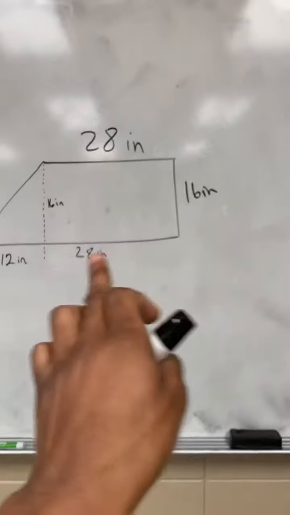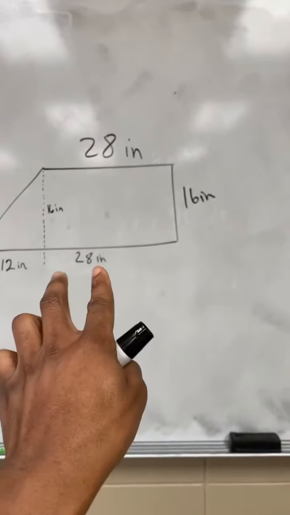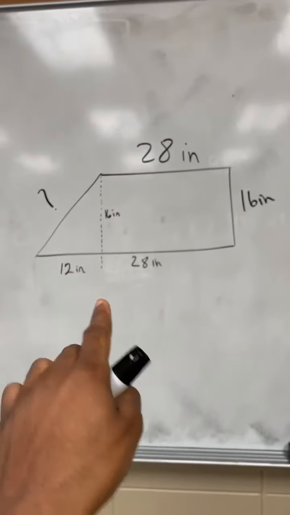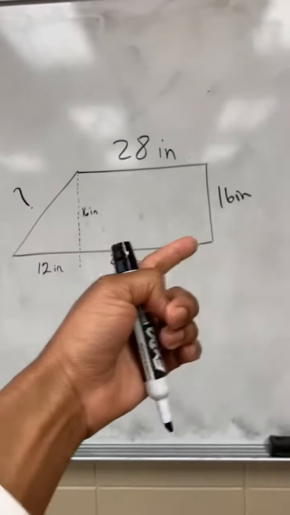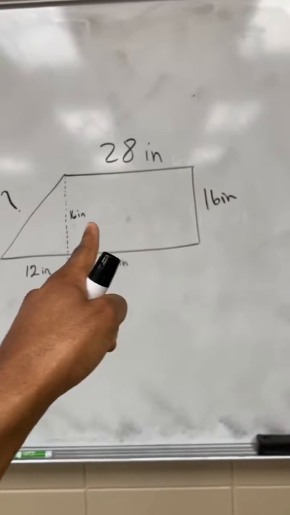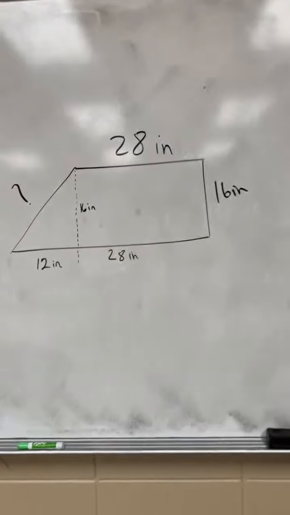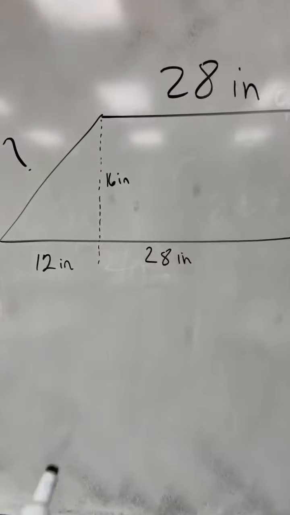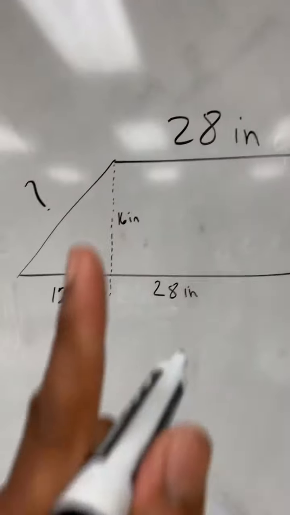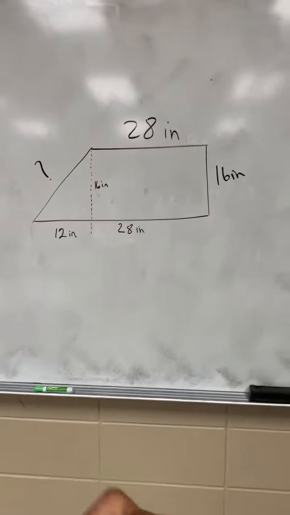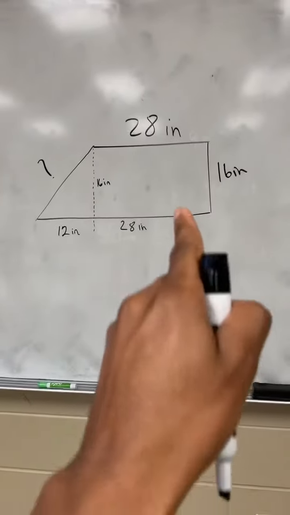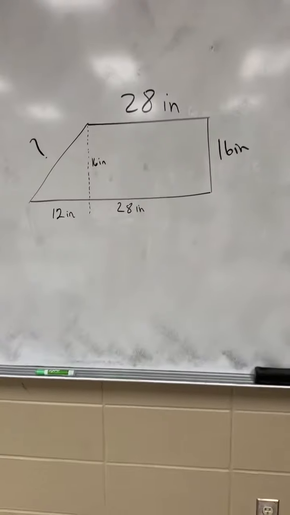So I at least know that these are the same length. And that allowed me to break it into 28 and 12. I know that this is 16 because that's 16. If that comes all the way over here, it's still 16 inches. So it allows me to break this, instead of one trapezoid, into 2 shapes, a rectangle and a triangle.